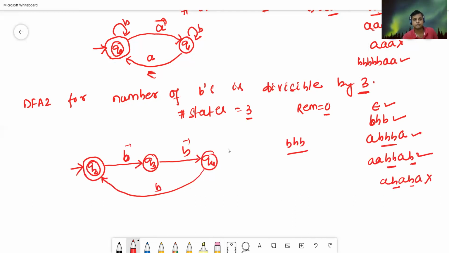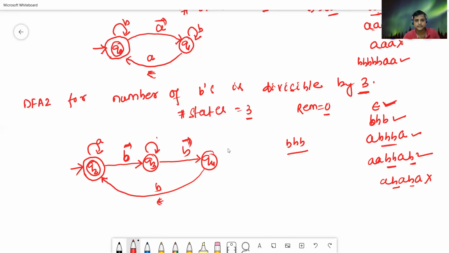Suppose first epsilon is accepted. 3 B's: 1, 2, then 3, accepted. After that 6 B's: 1, 2, 3, 4, 5, 6, accepted again. Now A is simply a self loop, because we can take any number of A's.